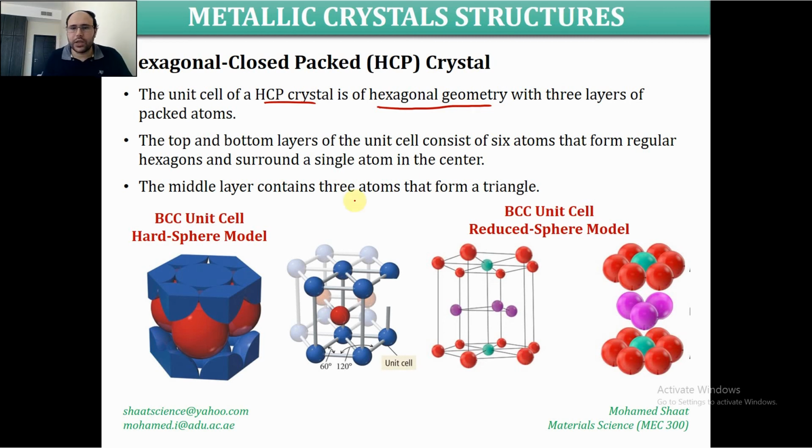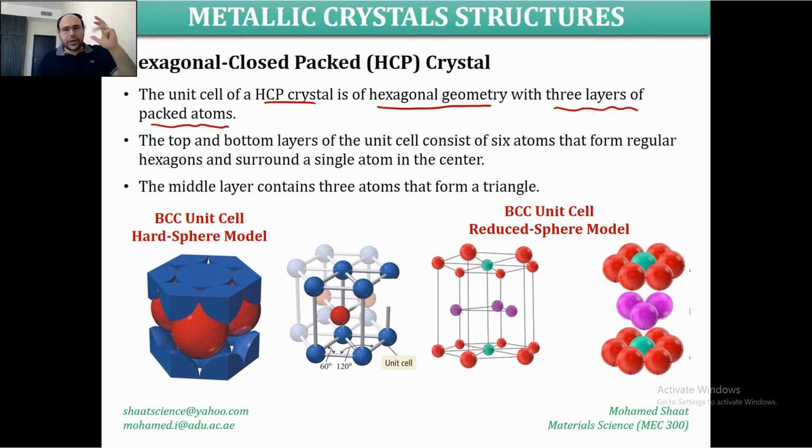This is one different thing, with 3 layers of packed atoms. So that's why we got close packed HCP crystal structure, because we may have another hexagonal crystal structure, but the arrangement of atoms inside this hexagonal crystal structure could be different. So the hexagonal close packed crystal structure has a hexagonal shape.